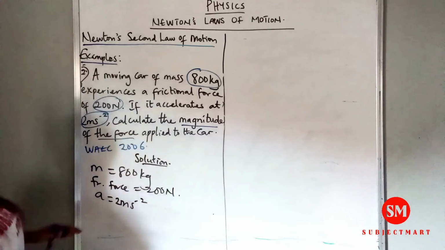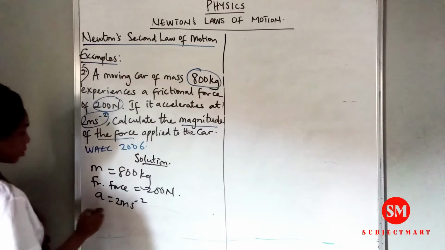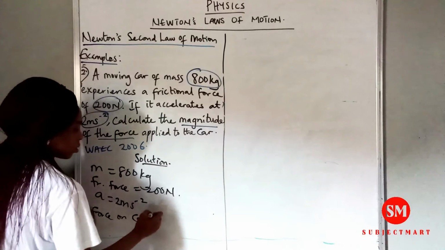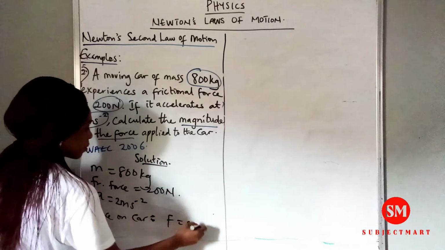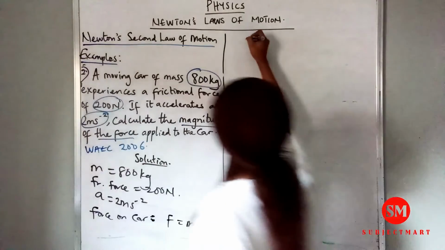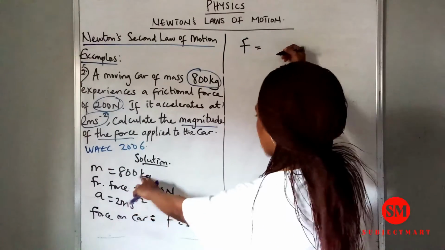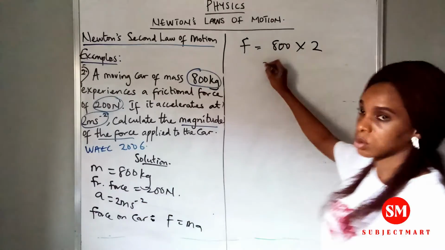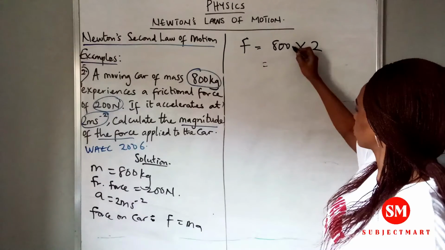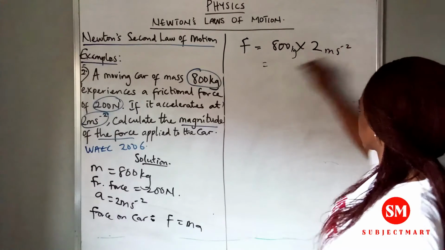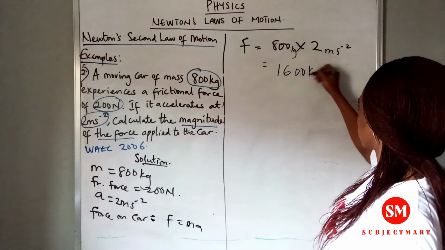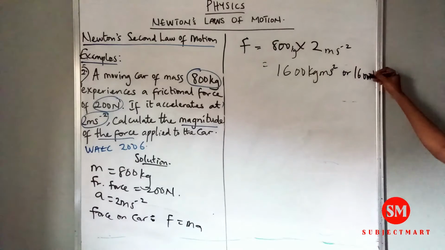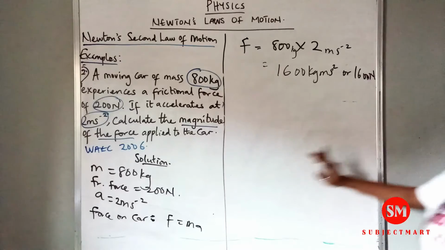So what's the force applied on the car? It is given by F equals m a. So according to the second law, F is equal to 800 times 2, which is 1,600 kilogram meter per second squared, or 1,600 Newton. Like I told you earlier, that's the force applied on the car.